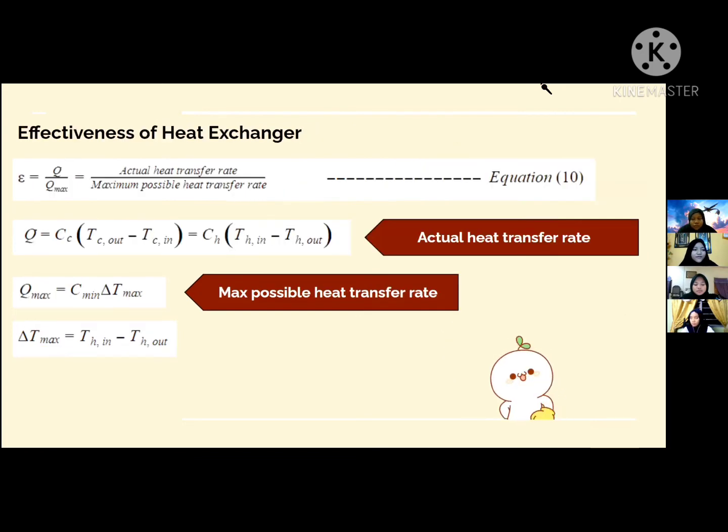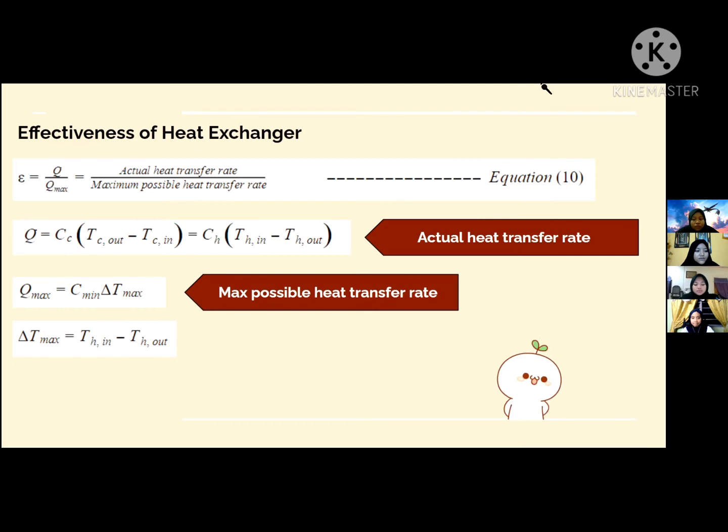Next, after we find the rate of heat transfer, we can find the effectiveness of the heat exchanger. The formula used in this method is epsilon equals Q dot over Q max. Q dot is the actual heat transfer rate, while Q max is the maximum possible heat transfer rate. The formula for the actual transfer rate is the same as mentioned in the previous slide, where the capital letter C stands for heat capacity rate.